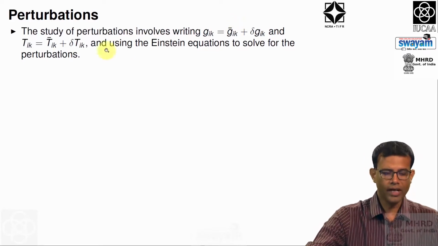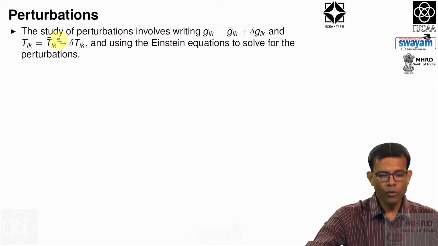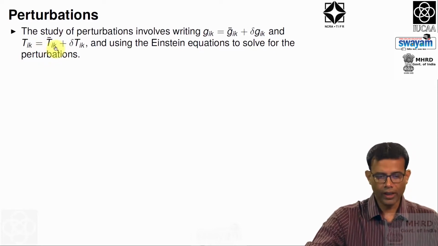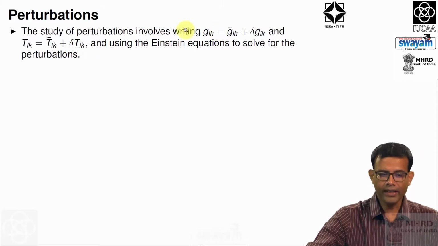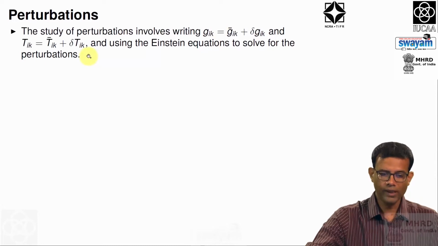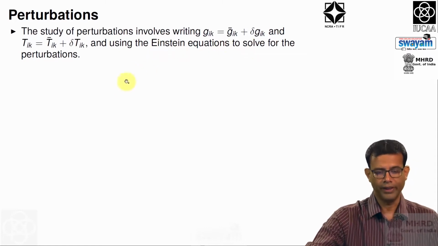Similarly, one should also write the stress energy tensor as a smooth part, which we have already talked about while doing Friedmann equations, plus a perturbed part, which we have denoted by delta T_ik. Now, once you write the metric like this, what you can do is you can then solve the Einstein's equation and get the solution for the perturbations.